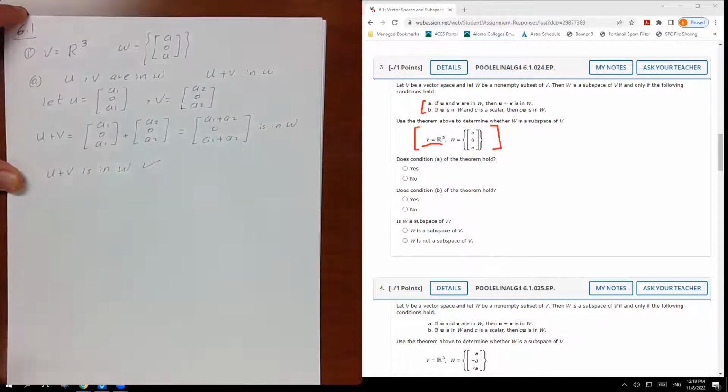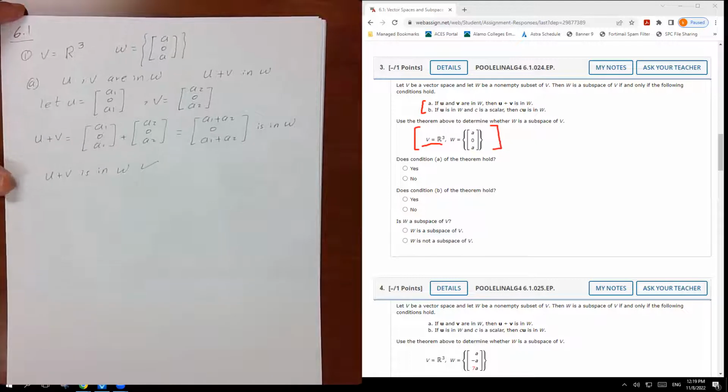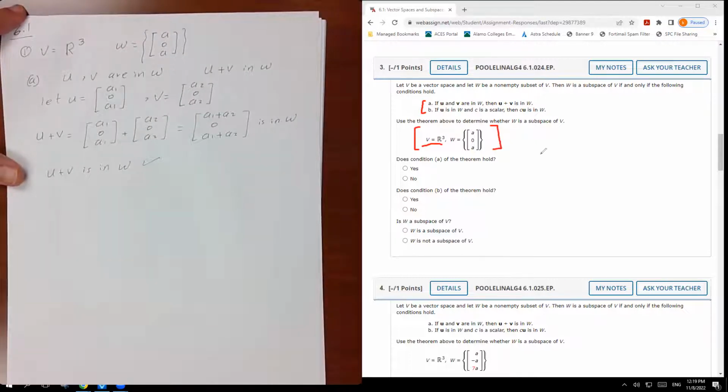The first condition is satisfied. So does condition A of the theorem hold? Yes.